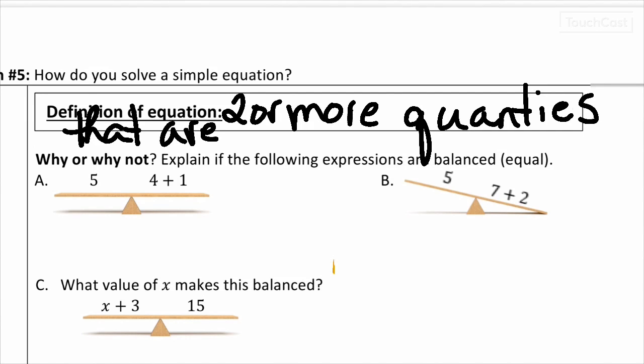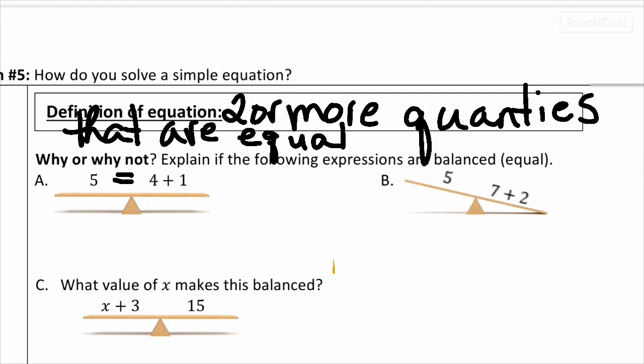Now, this is kind of vague. So an equation basically has an equal sign. Like in problem number A, we know they are equal, right? Because our little teeter-totter there is nice and level and they both equal the same thing.